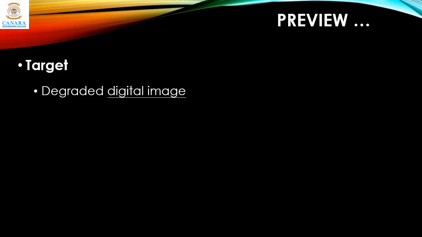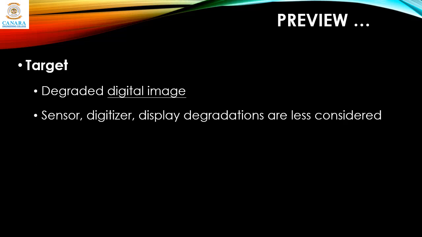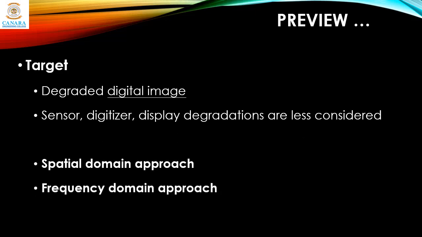So we have a degraded digital image as the input, and we try to restore it to its original form. Sensor, digitizer, display degradations are less considered. And we may take a spatial domain approach or frequency domain approach for restoration, depending on the type of degradation that has taken place.